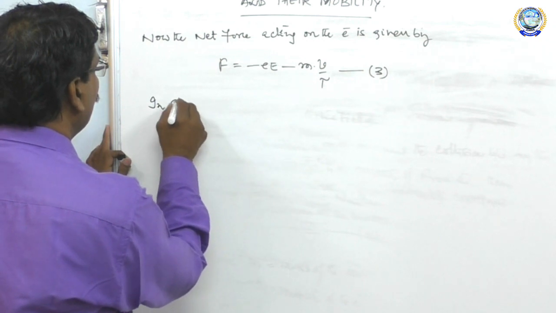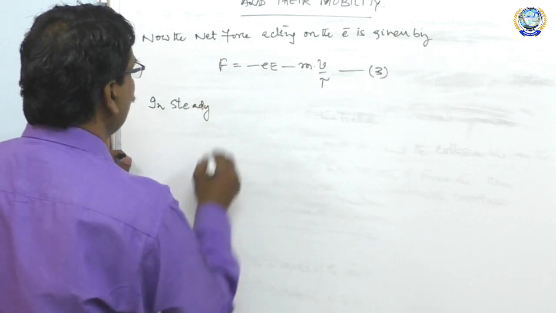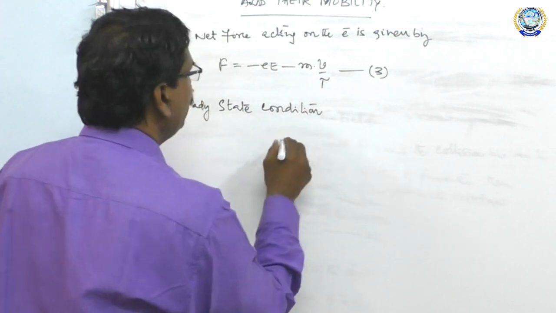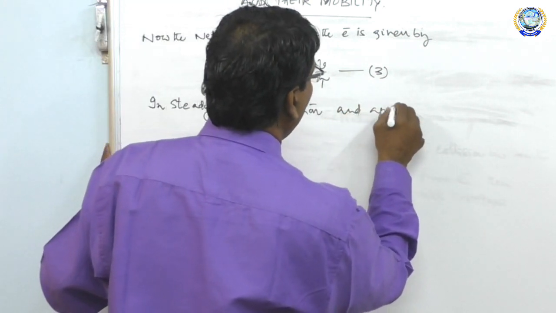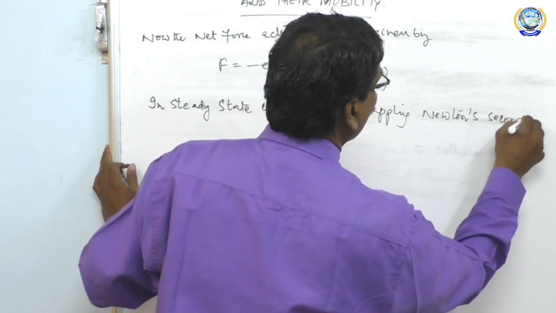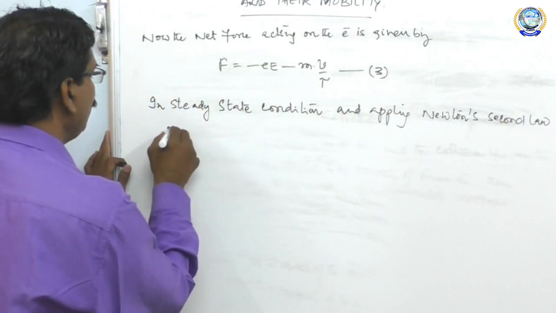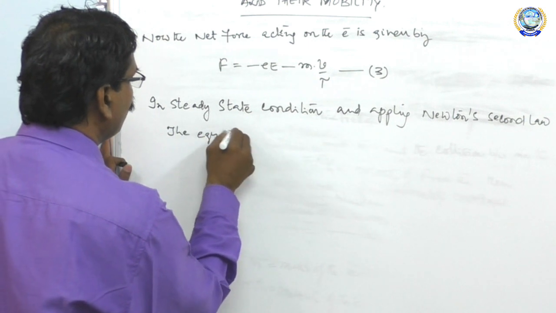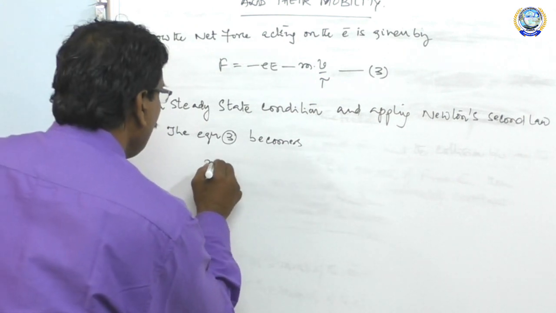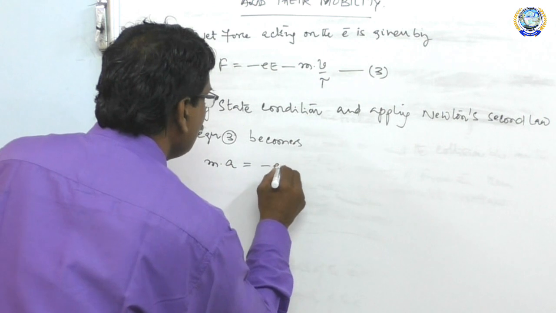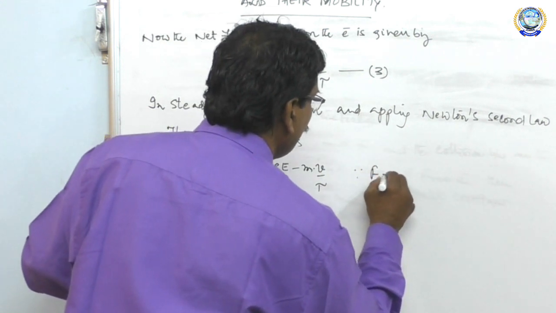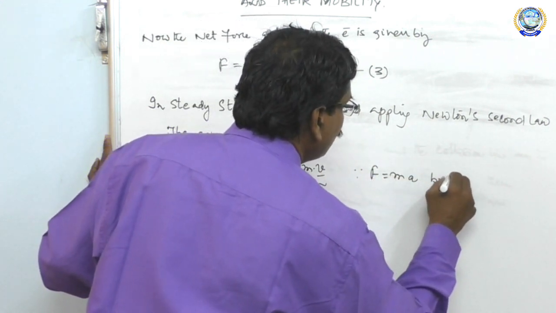In steady state condition, and applying Newton's second law, equation 3 becomes m a is equal to minus e E minus m v by tau, since F is equal to ma by Newton's second law.